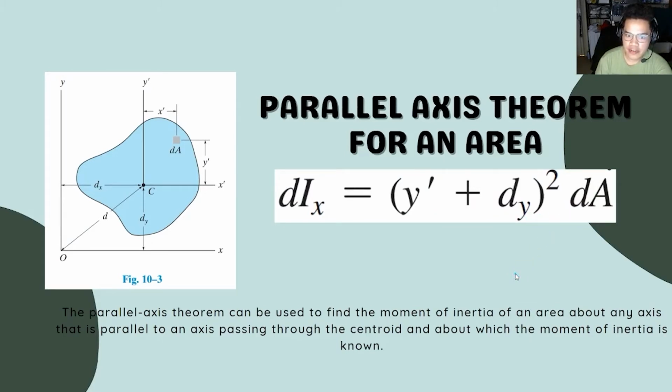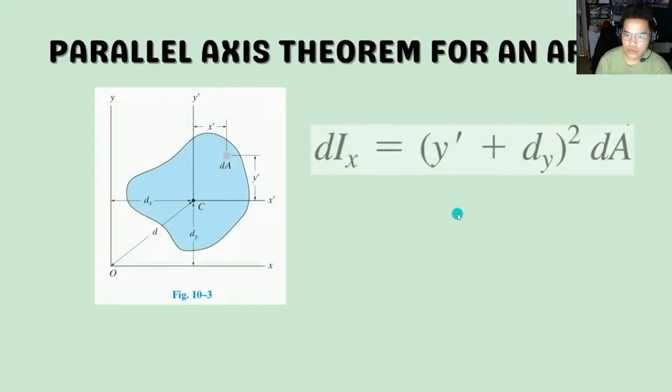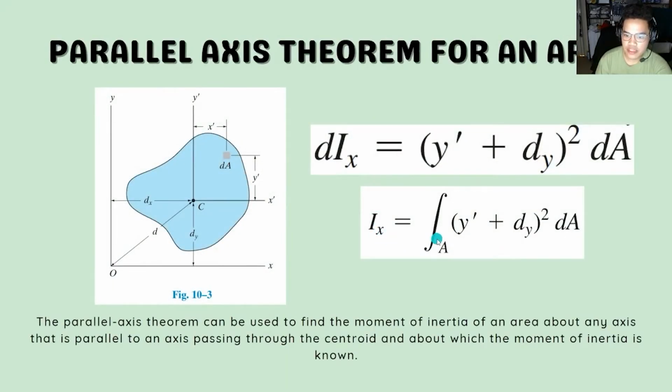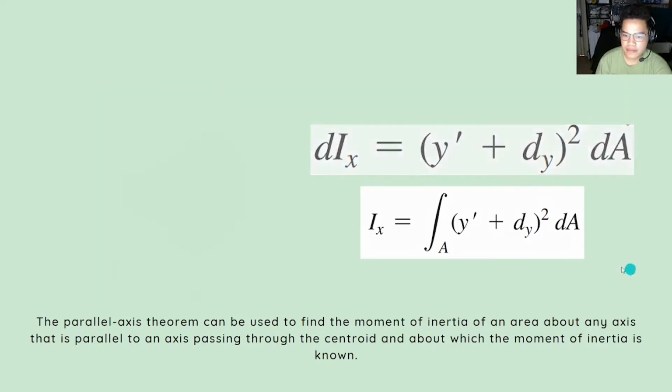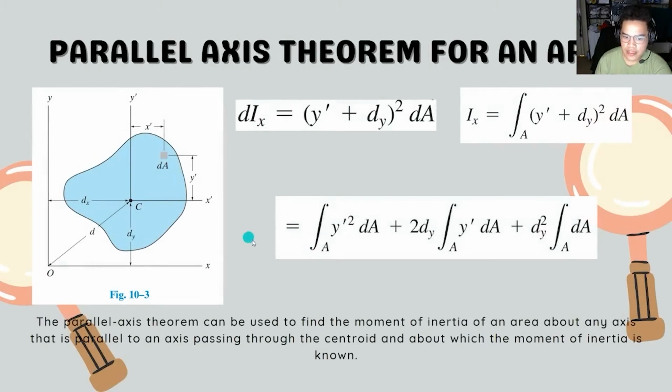For the entire area, it is equivalent to I sub x equals the integral of (y prime plus d sub y) squared dA over the area. When we integrate further, we get the integral of y prime squared dA over the area, plus 2 d sub y times the integral of y prime dA over the area, plus d sub y squared times the integral of dA over the area.